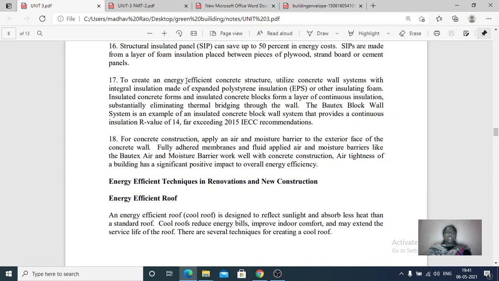To create an energy efficient concrete structure, utilize a concrete wall system with integral insulation made of expanded polystyrene insulation or other insulating forms.